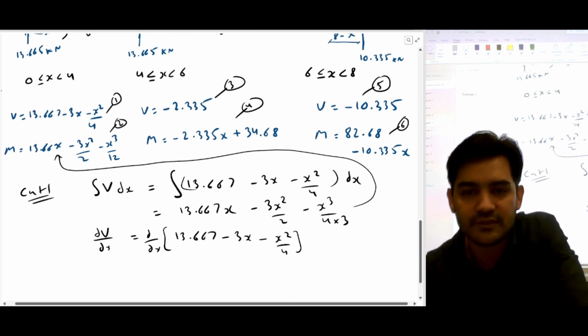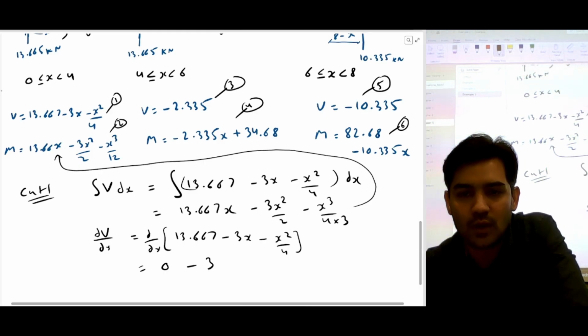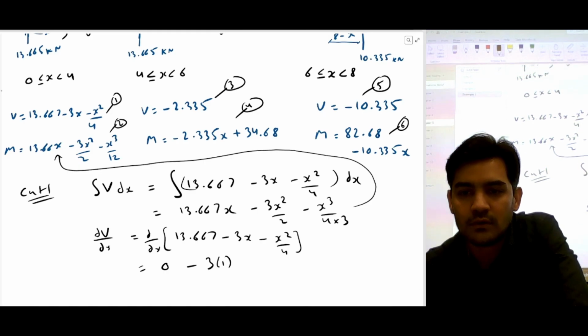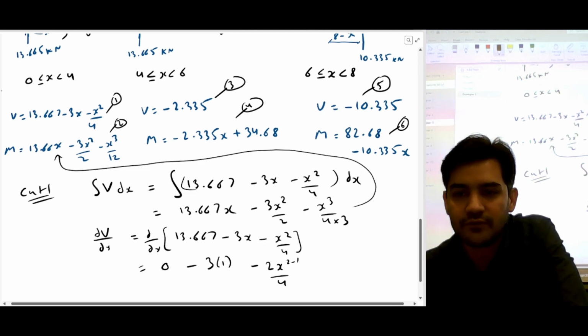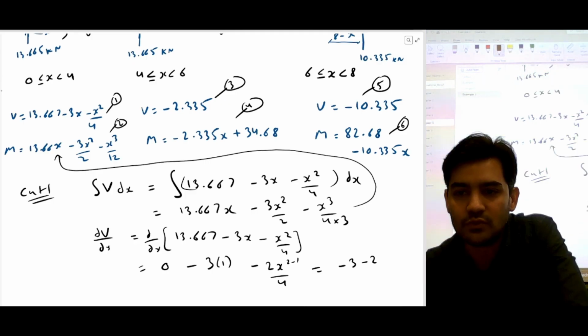So if you do the differentiation, this is going to go 0, right? And 3 is going to go out, x is going to become 1. And this is going to be 2x, 2 minus 1 divided by 4. So if you calculate, you're going to get minus 3 minus 2x by 4.